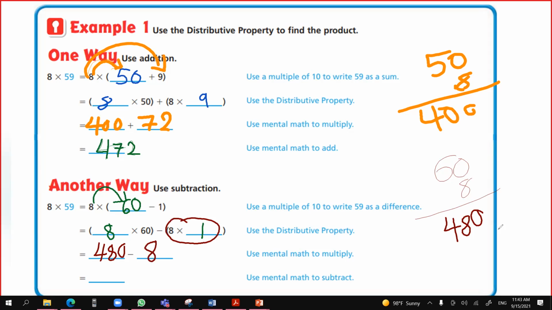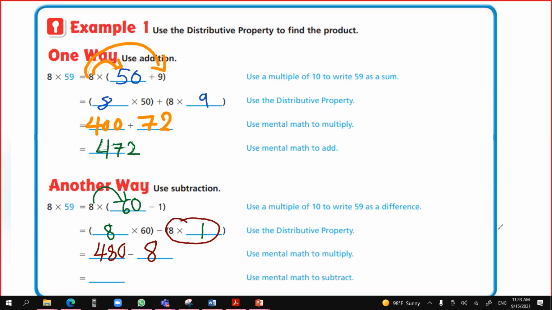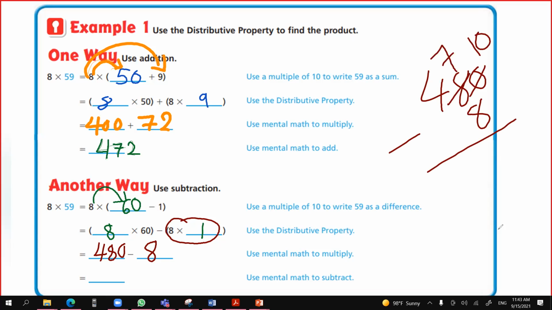Then you're going to subtract 480 minus 8. This is going to be 10 minus 8, 2. 7 goes down and the 4 goes down, so the answer will be 472.